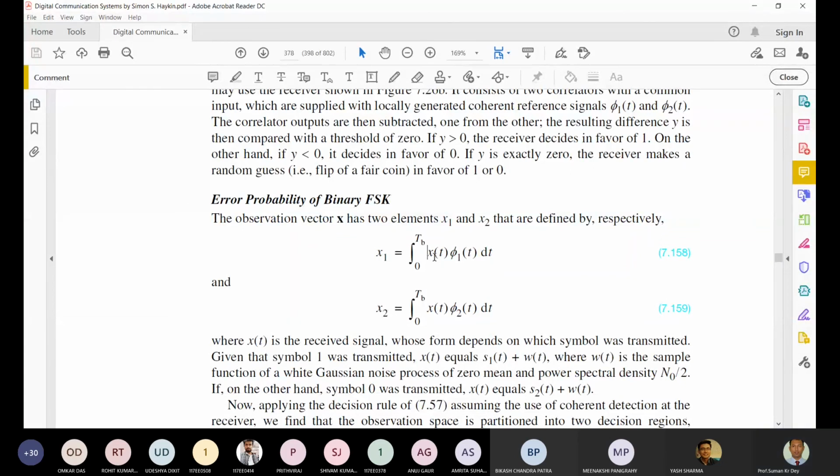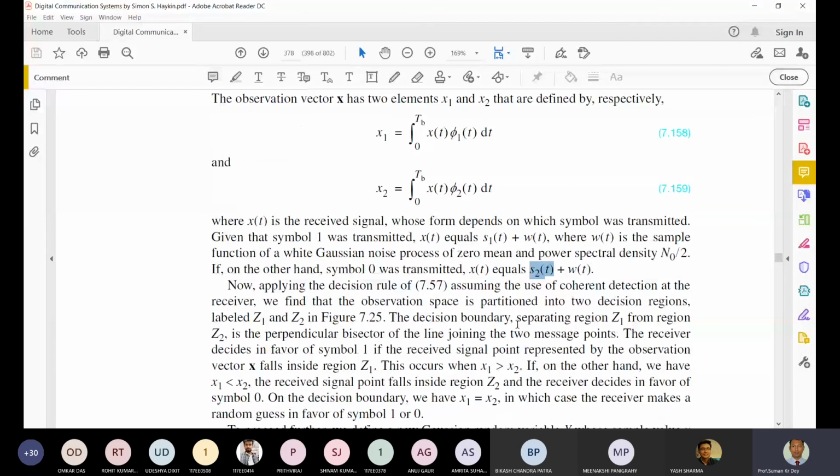So we can represent x(t) by two terms: one is S1(t) plus W(t), and the second is S2(t) plus W(t). That means one symbol S1(t) along with the noise, and another symbol S2(t) with the noise. These are the two values for x(t) when we consider the noise.